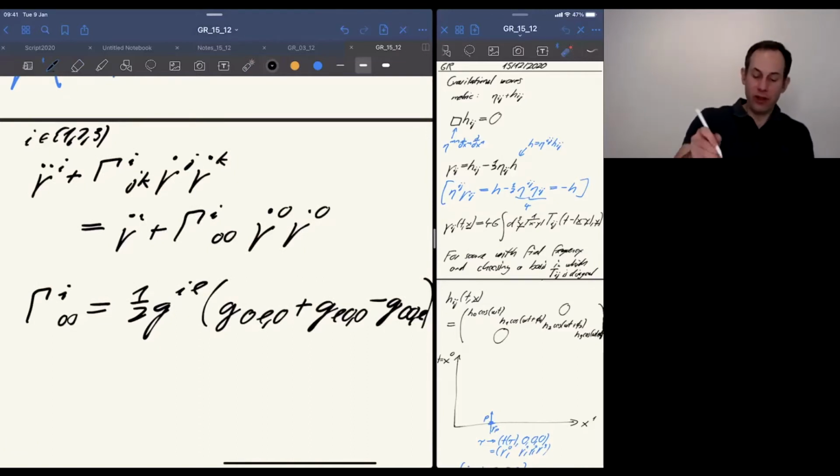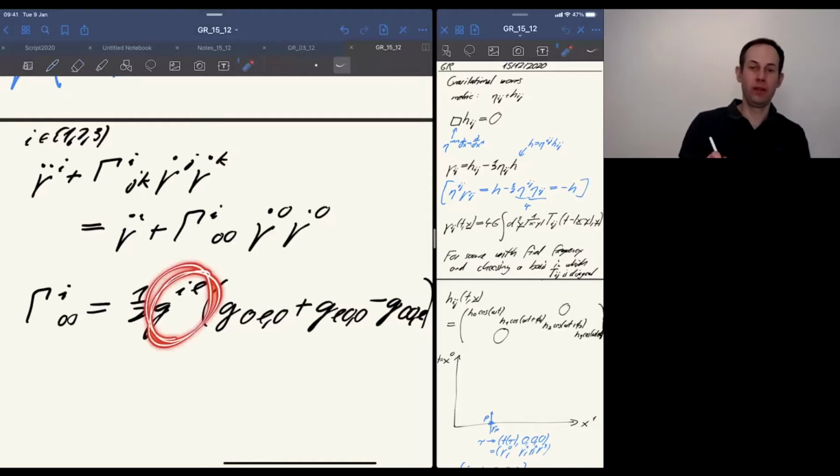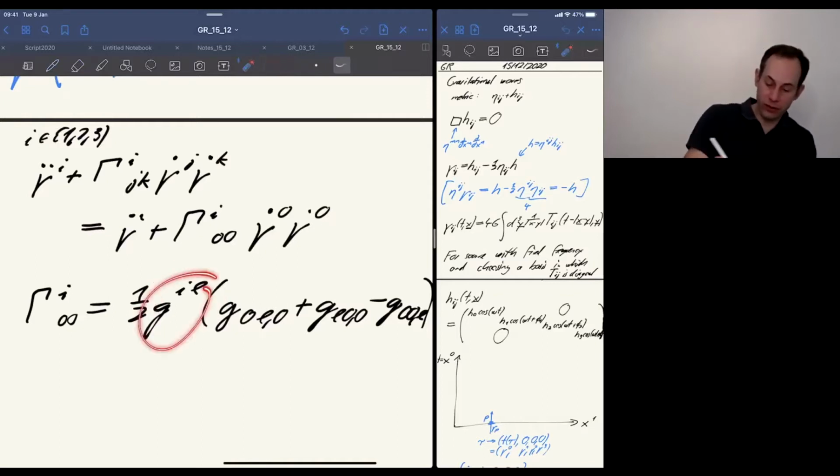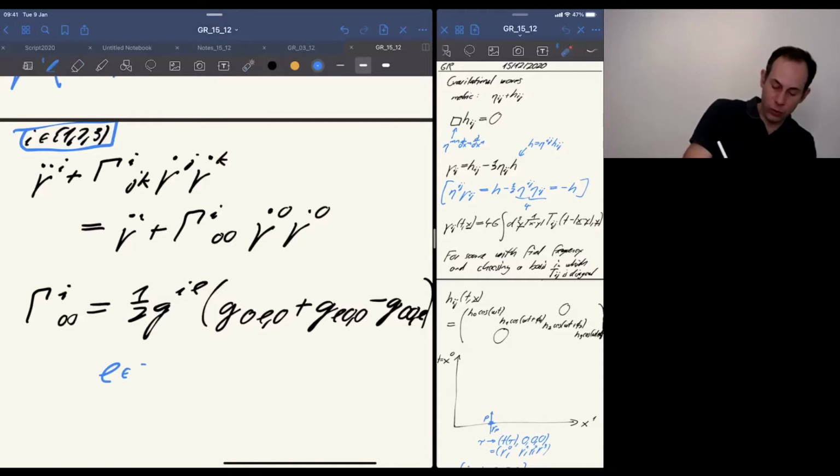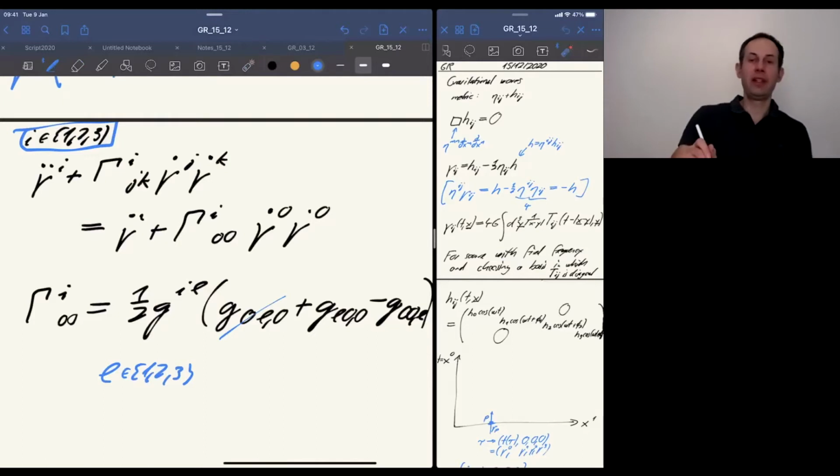Now, because I'm only interested in I equal 1, 2, and 3, J L will also be only 1, 2, and 3, because this is diagonal here. If the metric is diagonal, then also its inverse is diagonal. So I can restrict myself to L also being in 1, 2, 3. What does this imply? This implies that, first of all, this term goes away because the matrix is diagonal.